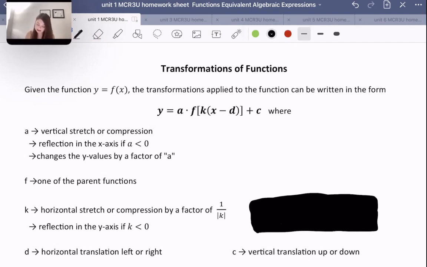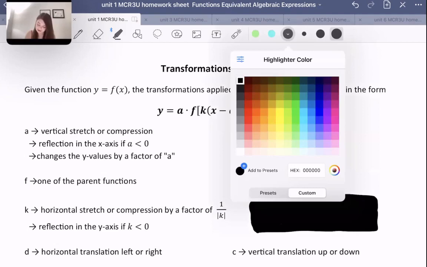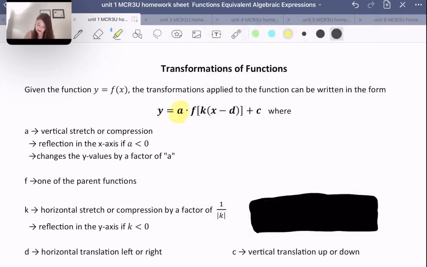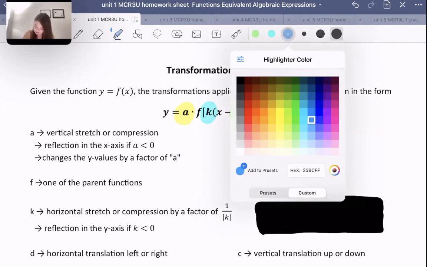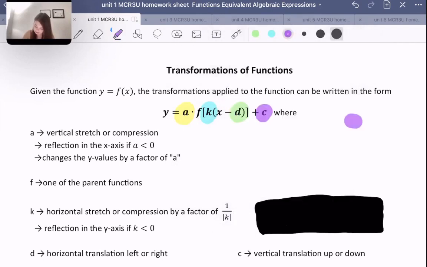So basically, the transformation factors are this a, this k, this d, and let's choose a new color, maybe purple. Oh, I like the purple, and then this c, right? There are four different things in this pattern, so to speak.